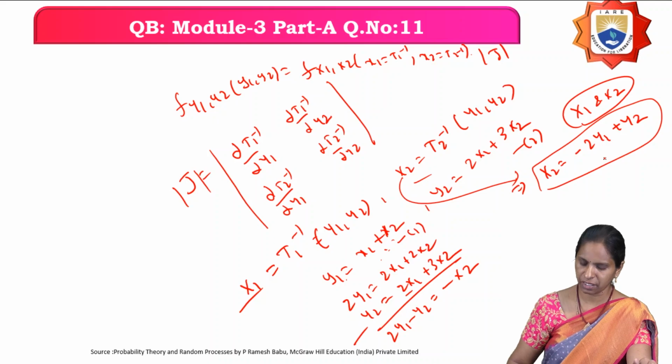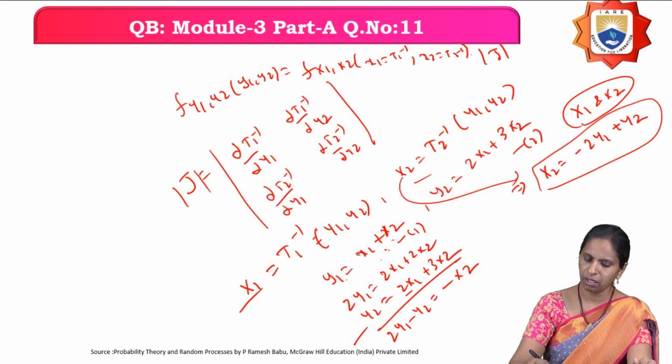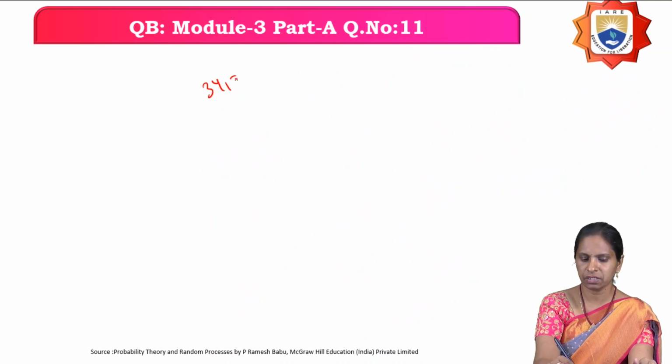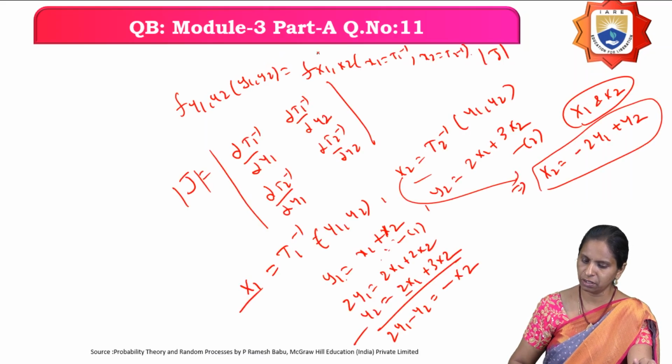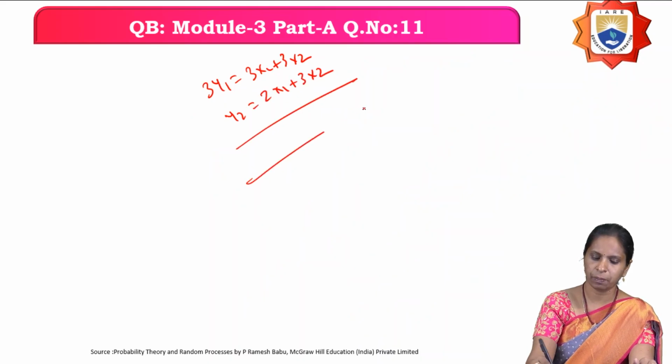Similarly, you have to calculate x1 also. How do you calculate x1 here? To calculate x1, multiply this equation by 3. Then what can you obtain here? 3y1 equals 3x1 plus 3x2. What is the y2 expression? 2x1 plus 3x2. Now subtract on both sides.